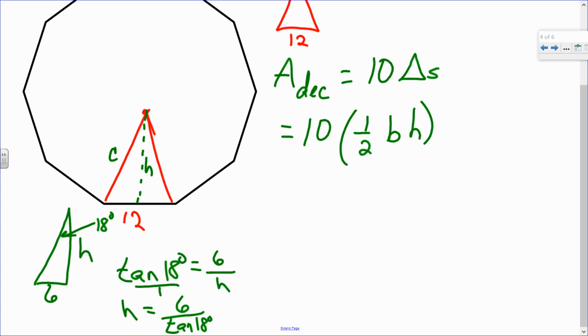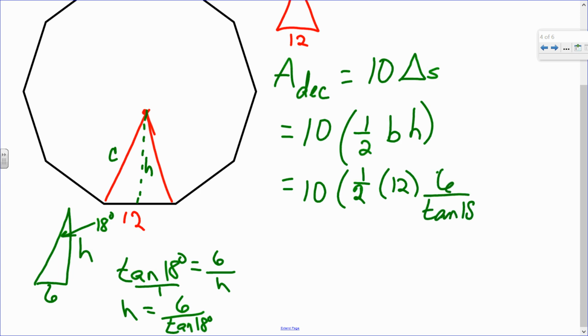That means when I plug in here, I'm looking at 10. For my 10 triangles, how big is my base? The base is 12. Got to be careful there. And then I have this height, 6 over the tan of 18 degrees.